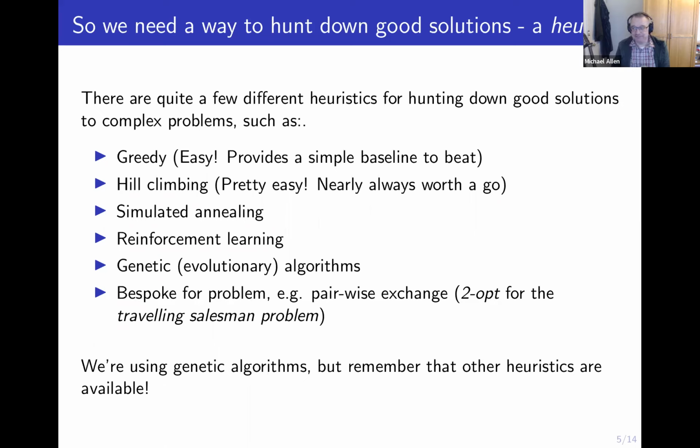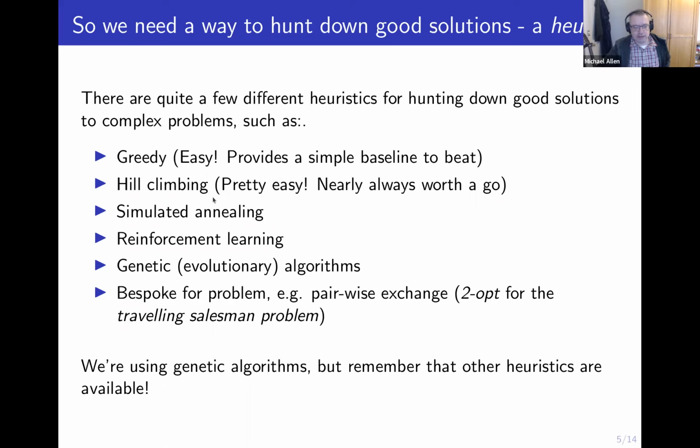You pick that and fix it, and then you say, what's the next unit I pick that will increase that proportion as much as it can? You go on until you've set 120, or you stop when you're not improving your objective anymore. You're just doing one thing: you fix it, then pick the next one. So they're easy, and it provides a simple baseline.